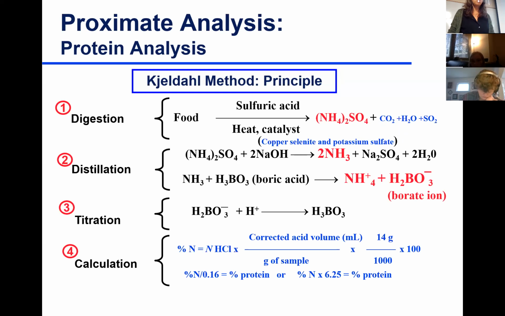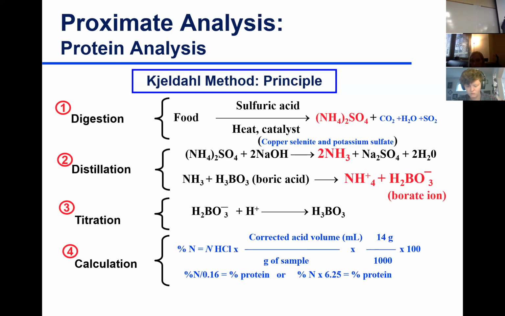Okay, so the main reactions that happen during the Kjeldahl estimation are three reactions. In an exam or a quiz, if I ask you what the main steps of Kjeldahl are, you have to say digestion, neutralization slash distillation.